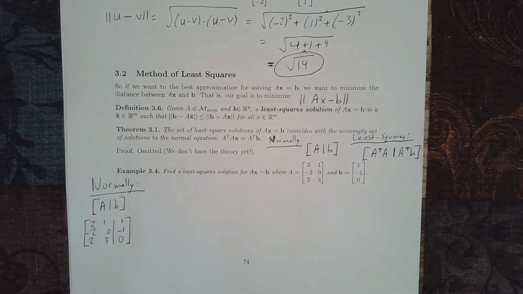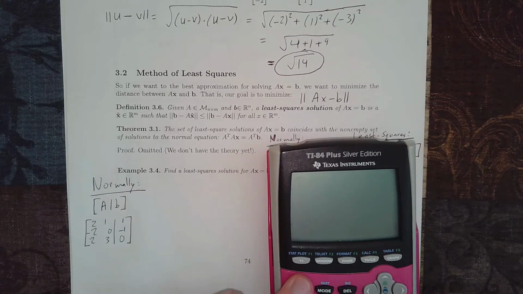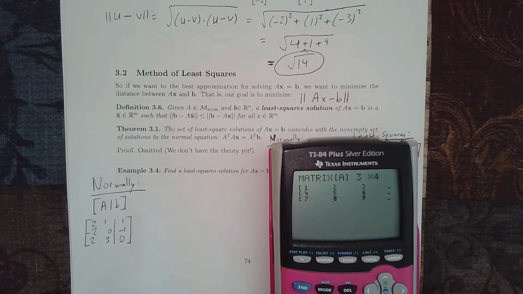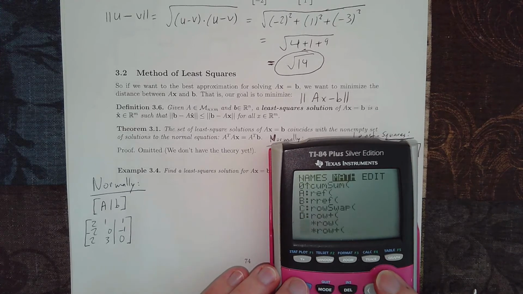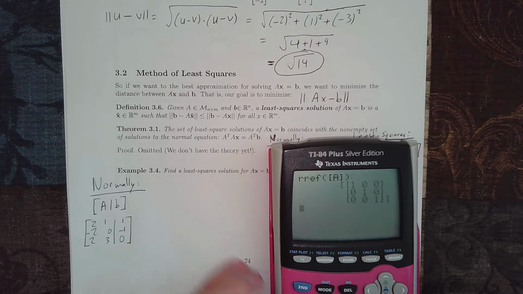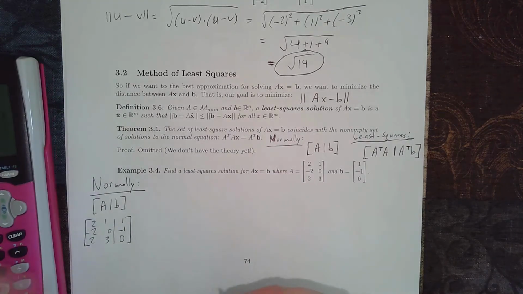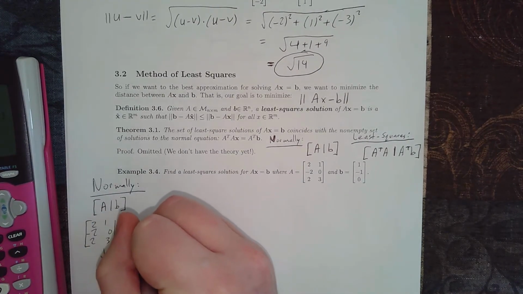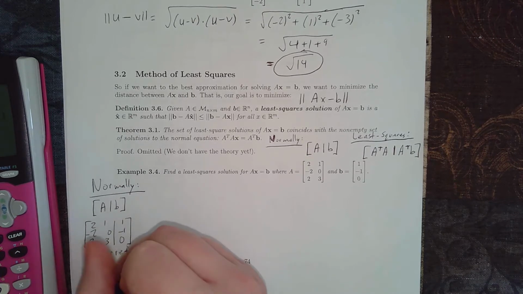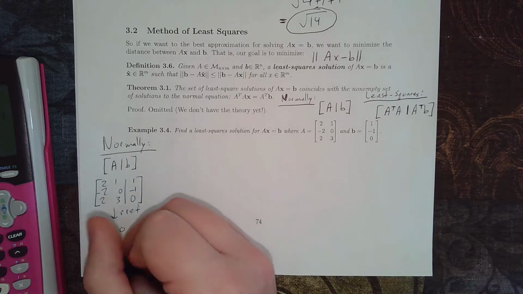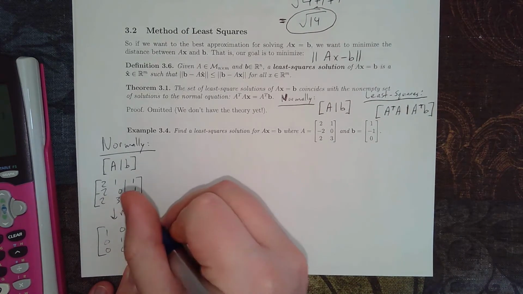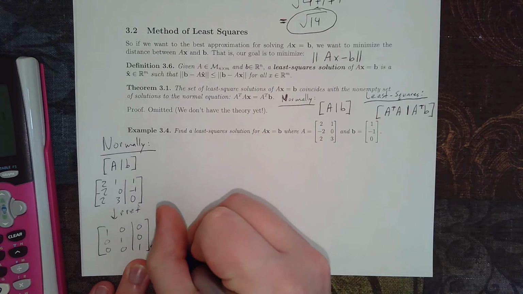So if we take this system and put it into our calculator, we get a 3 by 3, so we have 2, 1, 1, negative 2, 0, negative 1, 2, 3, 0. If we get the reduced row echelon form of that, what you'll see is we end up getting no solution. 1, 0, 0, 0, 1, 0, 0, 0, 1. So we get no solution.